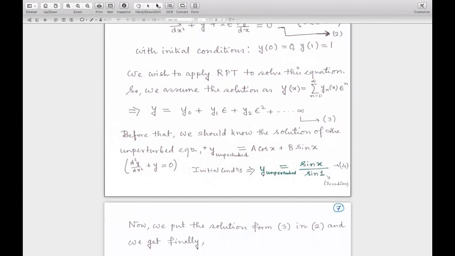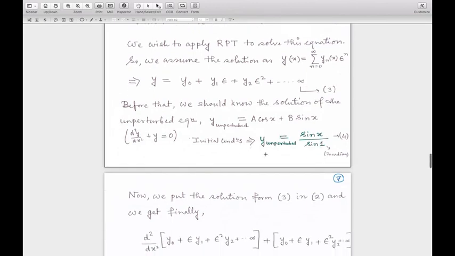Again, it is a must that we know how to solve the unperturbed equation exactly, and here we know, fortunately. That's why we can proceed. The unperturbed solution will be y unperturbed is equal to a cos x plus b sin x. The initial conditions give simply that y unperturbed will be sin x by sin 1, right?